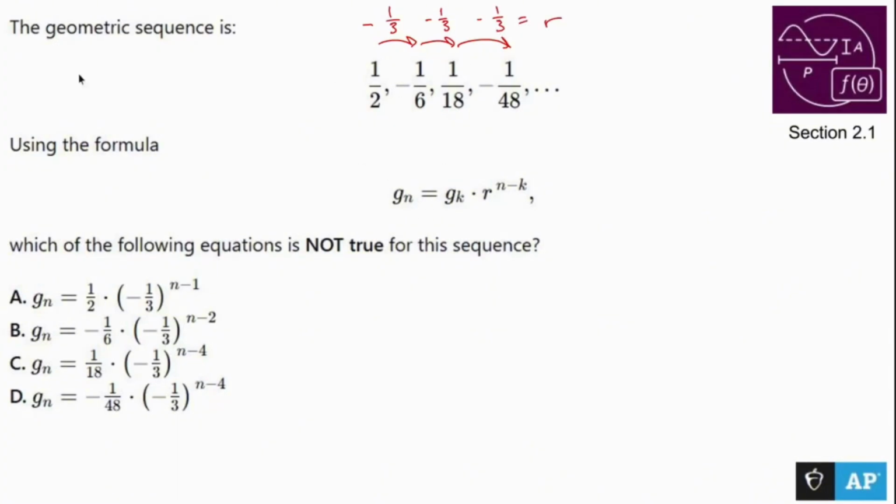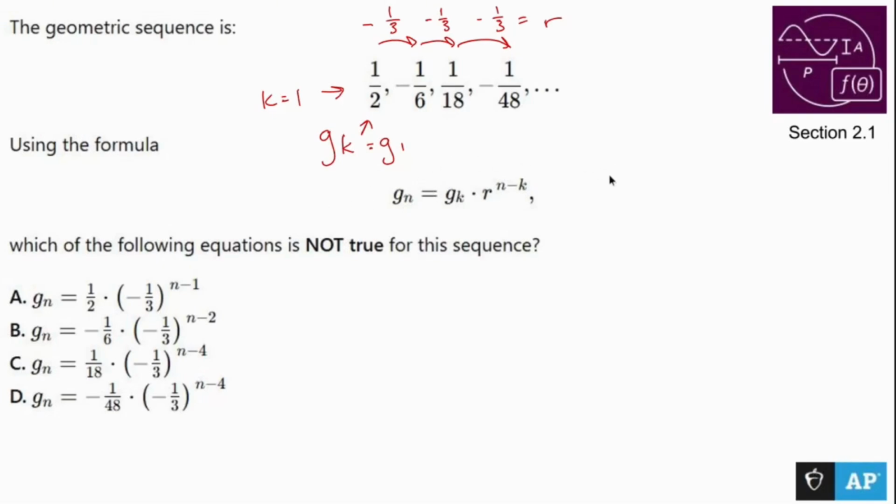Now what I do is I pick any term up here, and let's just be smart and say you're my first term, so k is going to equal 1 for you. And you're my first term, so you'll be g sub k, g sub 1. So we can now plug stuff in and come up with an equation.